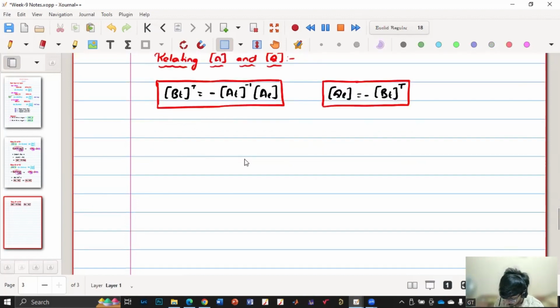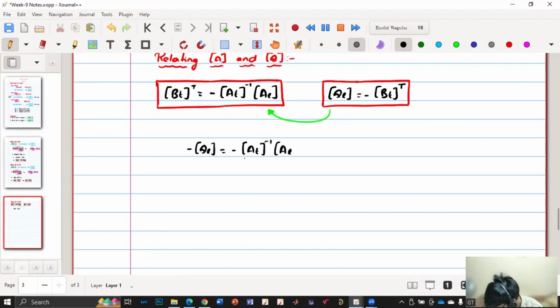If you substitute this in this equation, we will be getting minus Q links is equals to minus A twigs inverse into A links. So that implies Q links is equals to minus AT inverse into A links. This will be plus. So this is the relation between Q and A.